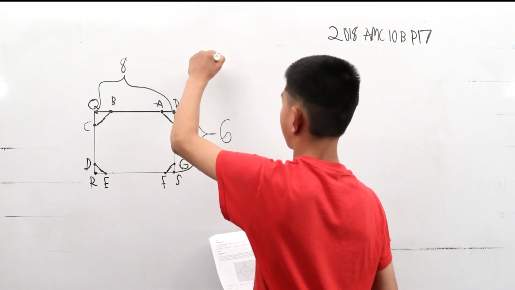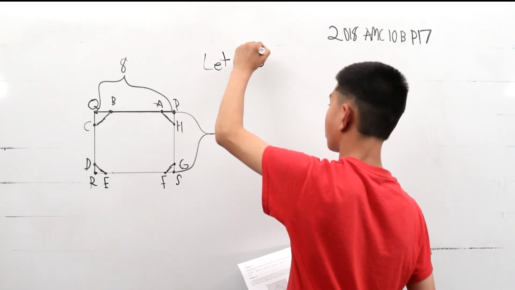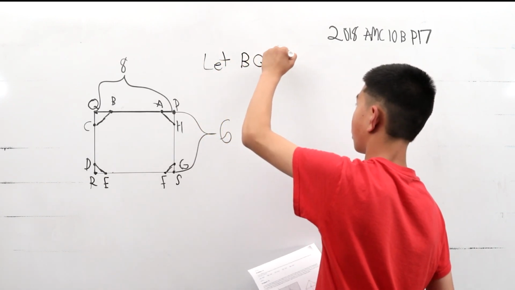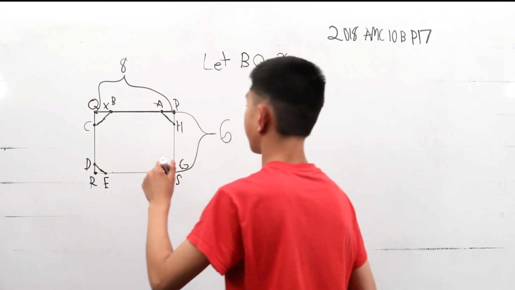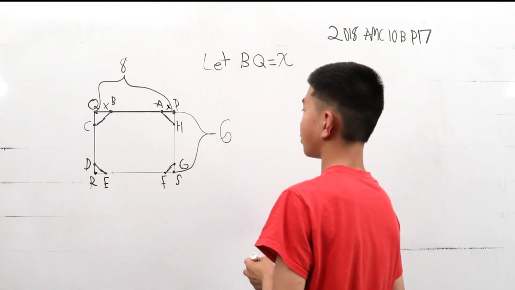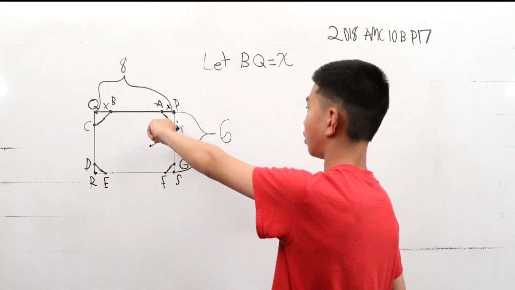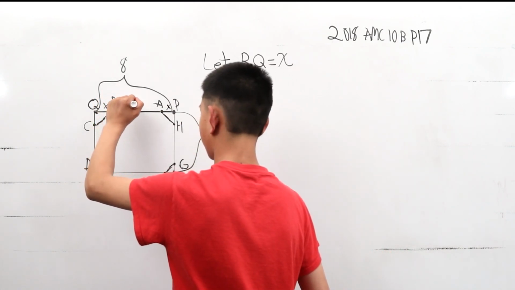So we let BQ be x. Now we know that this is x, and by similar logic, AP is also x. Since this total length is 8, we know that AB is 8 minus 2x.